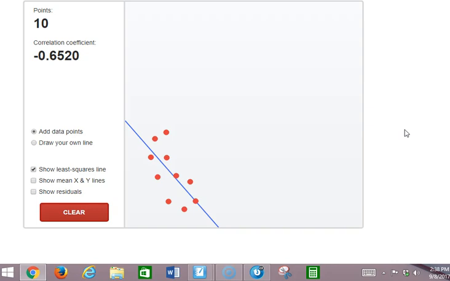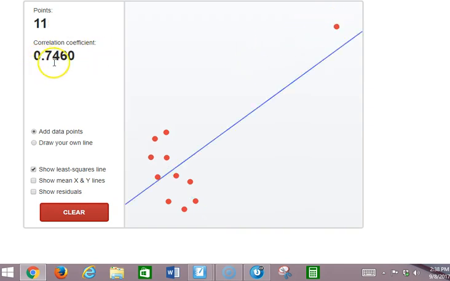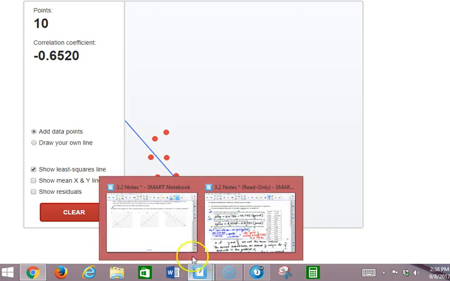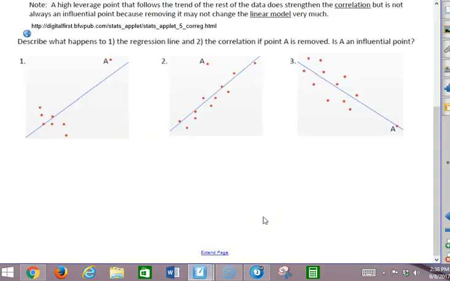Quite influential. Not only does my correlation change from positive to negative, I guess I didn't actually look at the correlation, so I'm going to put this back and see. The correlation here is 0.746. When I remove this point, the correlation changes to negative 0.6520, and the regression line changes quite a bit. If we cross this out, this is the new line that we get.